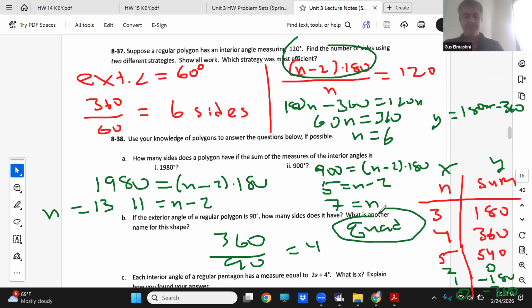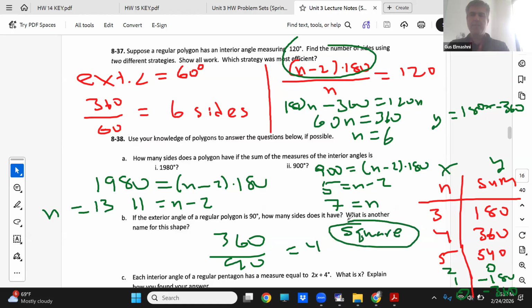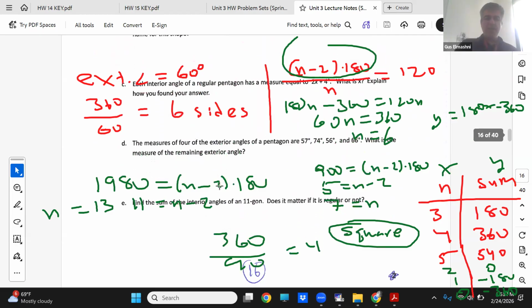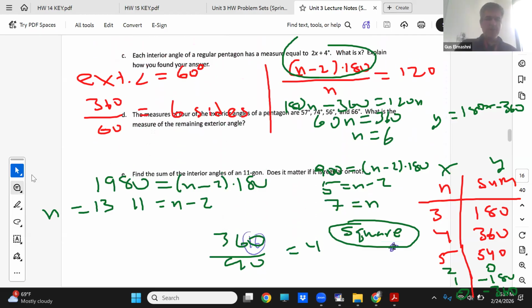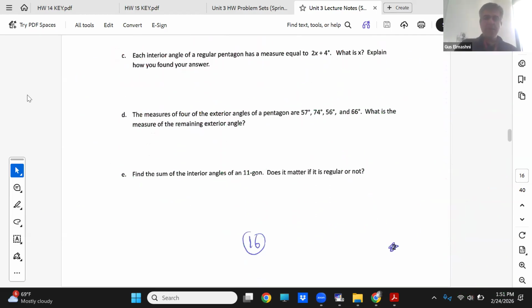It is a square. I lied. Yes, because it's regular. Or it's a quadgon, if you want to call it that. So anyhow, okay. And then if we look at CDE, then we could work on a little project today.